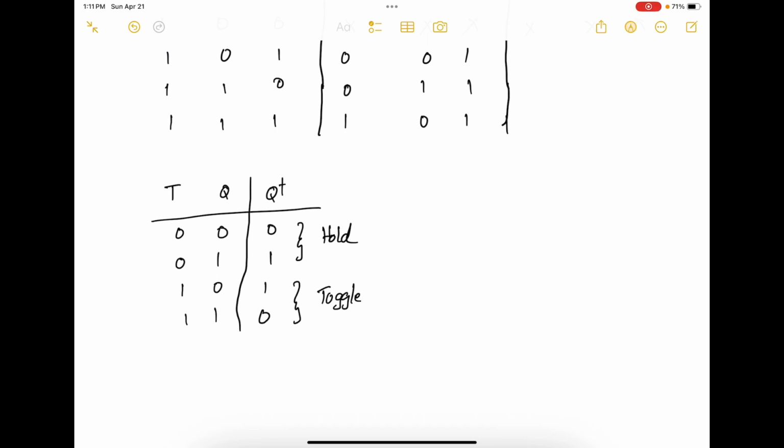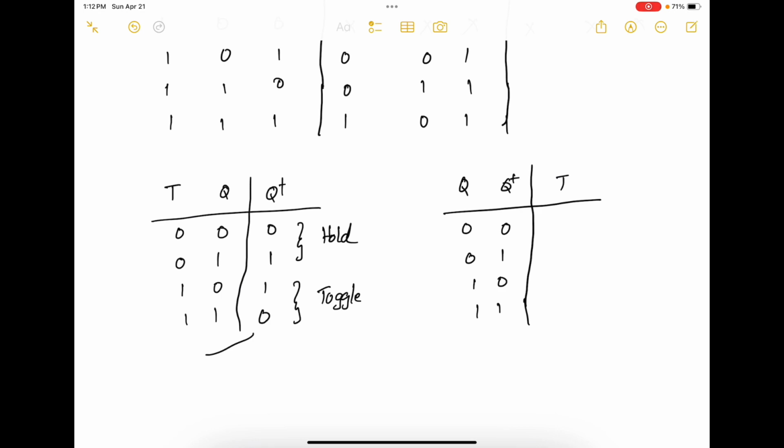Now I can write this in a slightly different way. If Q, Q plus, and T, you have 4 combinations. You can directly take from this table, or you can try to construct it.